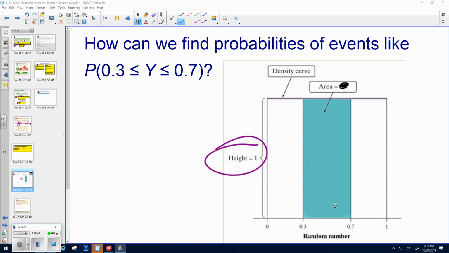So what's the distance from 0.3 to 0.7? Little subtraction, 0.4, right? And then this height right here is 1. Well, if it's a rectangle, it's just base times height. And so the probability of being in between 0.3 and 0.7 is 40%. Okay, so if it's uniform, it's like a good old-fashioned rectangle problem.